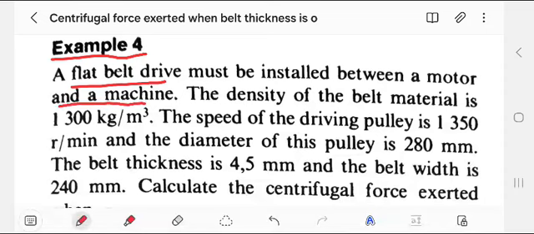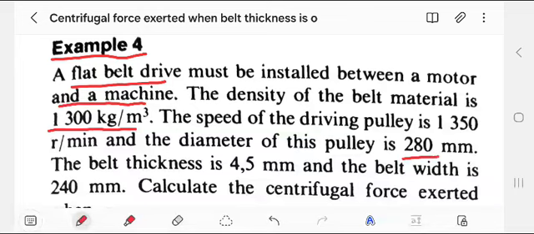The density of the belt material is 1300 kg per cubic meter. The speed of the driving pulley is 1350 revolutions per minute. The diameter of the pulley is 280 millimeter.